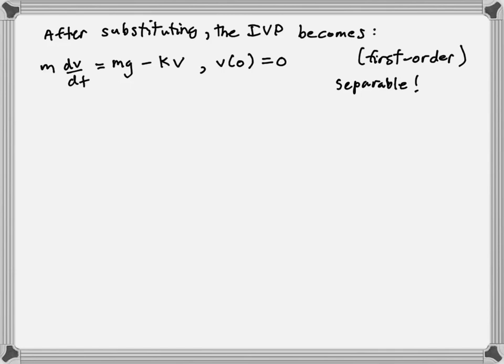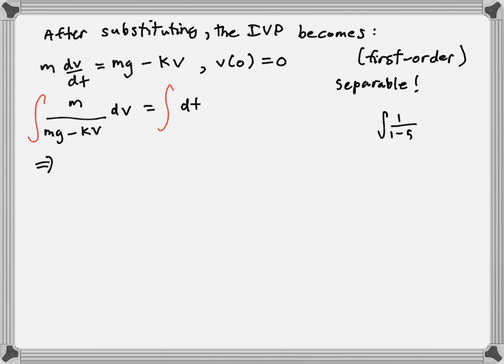So how do we solve this? If we divide both sides by mg minus kv, we get m over (mg minus kv) dv is equal to dt. I'm going to integrate both sides. What's the integral of the left side? Everything here is just a constant, the same way that we integrate something like 1 over 1 minus 5x.